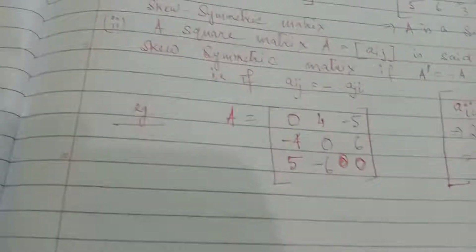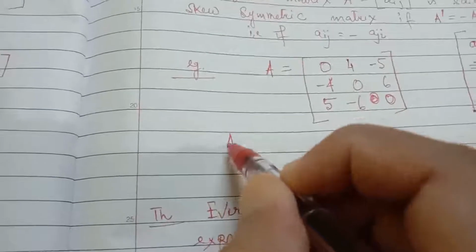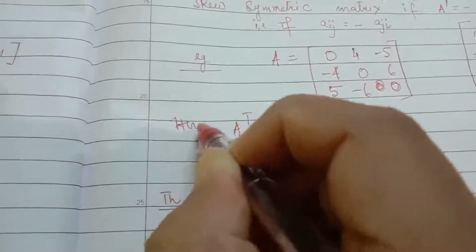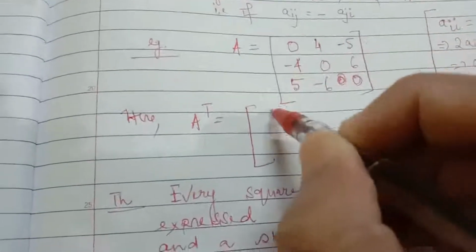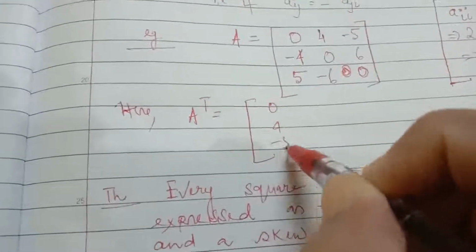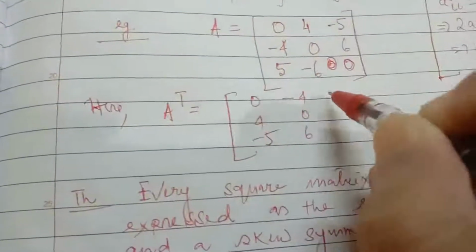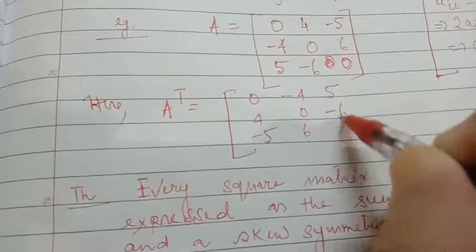This will be a skew symmetric matrix. Now you can see A transpose will be equal to, we write the first row as first column, 0, 4, minus 5, second row as second column, minus 4, 0, 6, and third row as third column, 5, minus 6, 0.